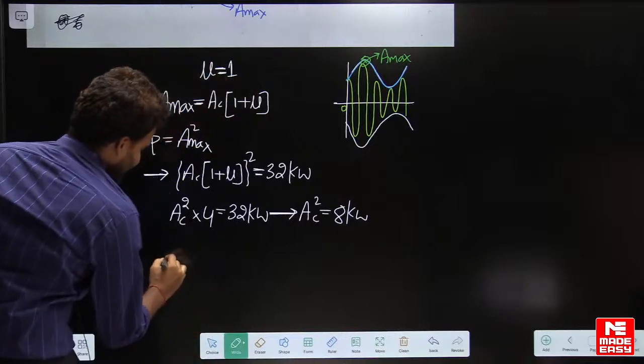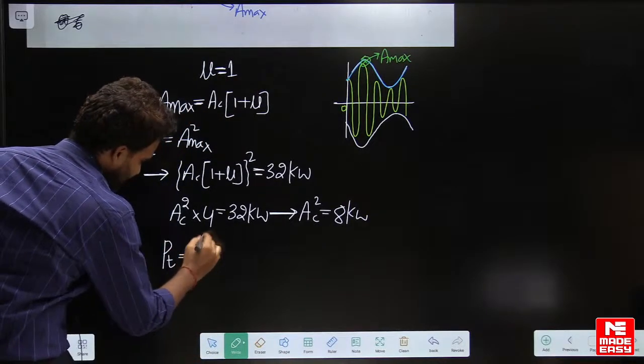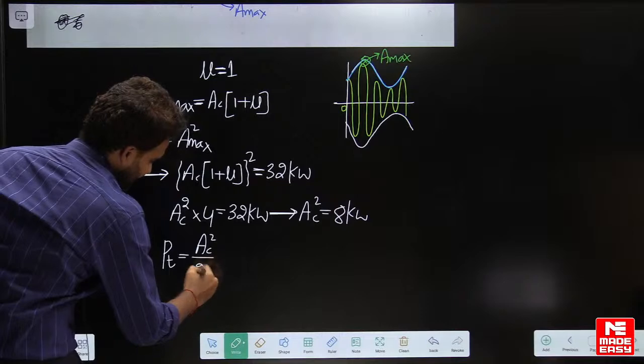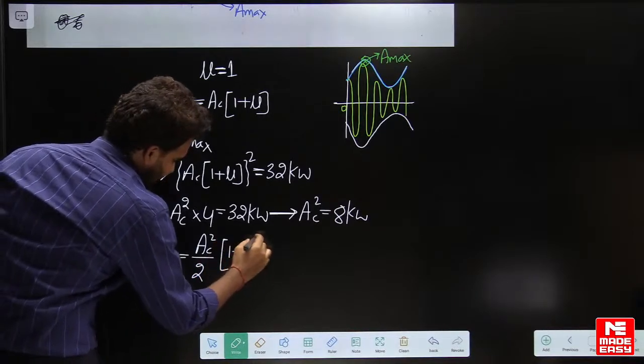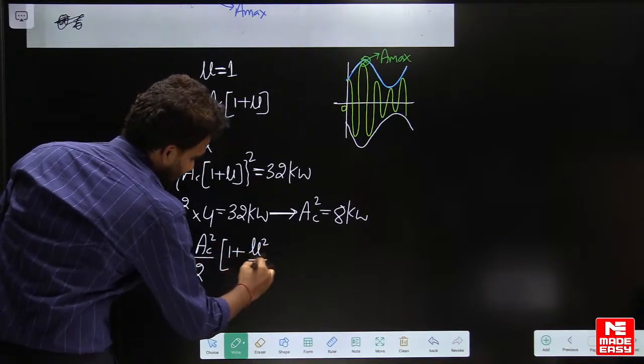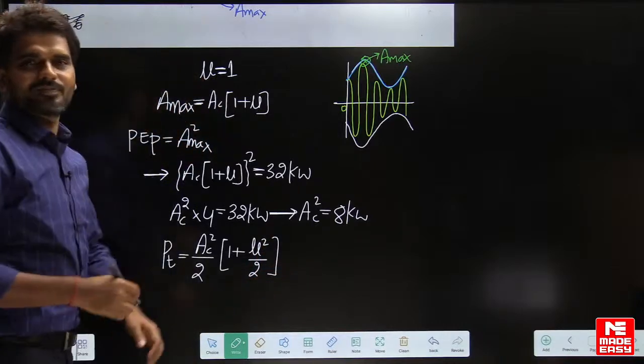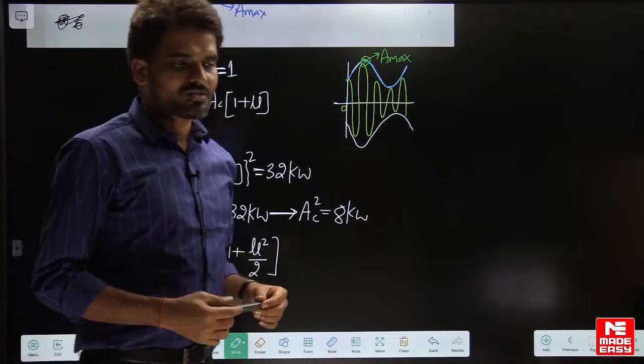Then the AM power we have to find out. PT is PC into 1 plus mu squared by 2.